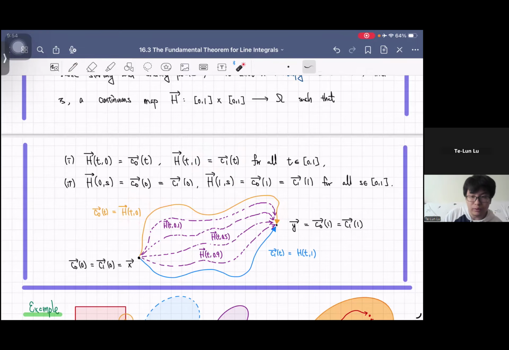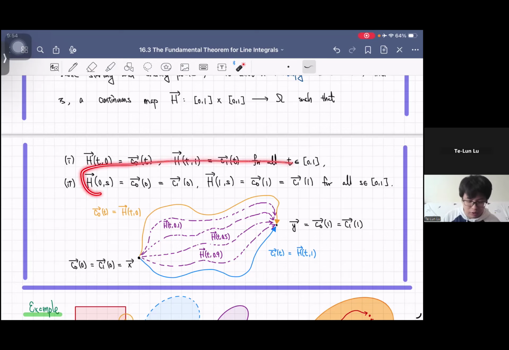And you can do that sort of perturbation to see that this is H(t,0.1), maybe H(t,0.5), maybe H(t,0.9), and all the way down back to H(t,1), right? So the second parameter is simply an enumeration of the paths. Only that in this case, the enumeration is continuous. We have all the way from 0 to 1.